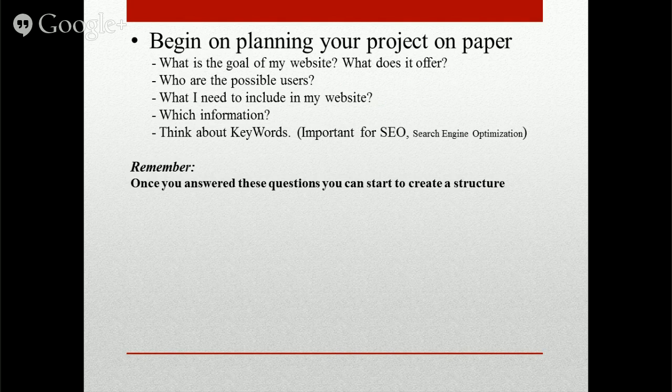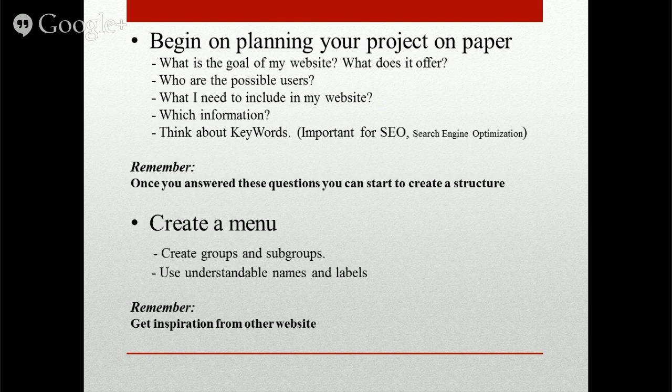I think that many of us have had the experience of visiting a website and not understanding it, or not finding the information that you're looking for. This is because many times websites are created without any structure, without thinking about the public.